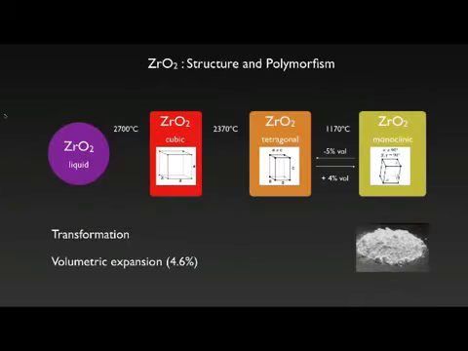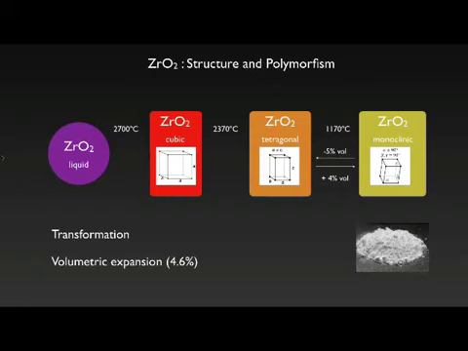When zirconia at room temperature is heated, the phase change is accompanied by a volume change, and that volume change with this material, because of that phase change from tetragonal to monoclinic, has a different volumetric change on cooling and on heating, which is why if it doesn't get stabilized, the material is unstable at room temperature and it cracks.